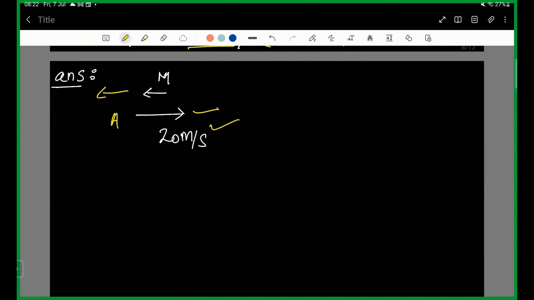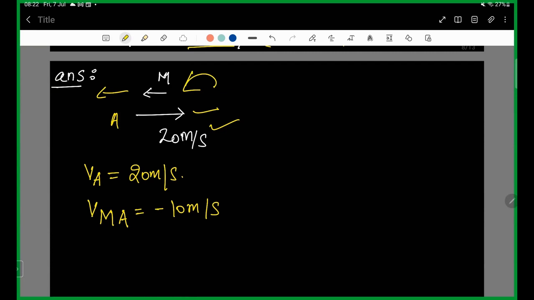So what information is given to you? Let me solve this question live in front of you. Number one, the velocity of the train is 20 meters per second. Second, the velocity of the monkey with respect to train A is 10. Now this will not be 10, it will be minus 10. Why? Because the monkey is going in the opposite direction to the train. So the velocity of the monkey with respect to train A is minus 10. What is VMA? It is nothing but VM minus VA.